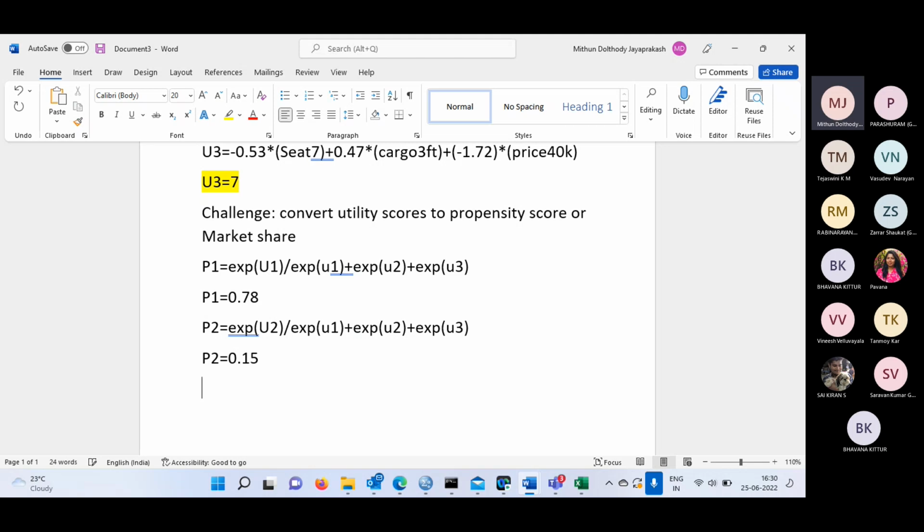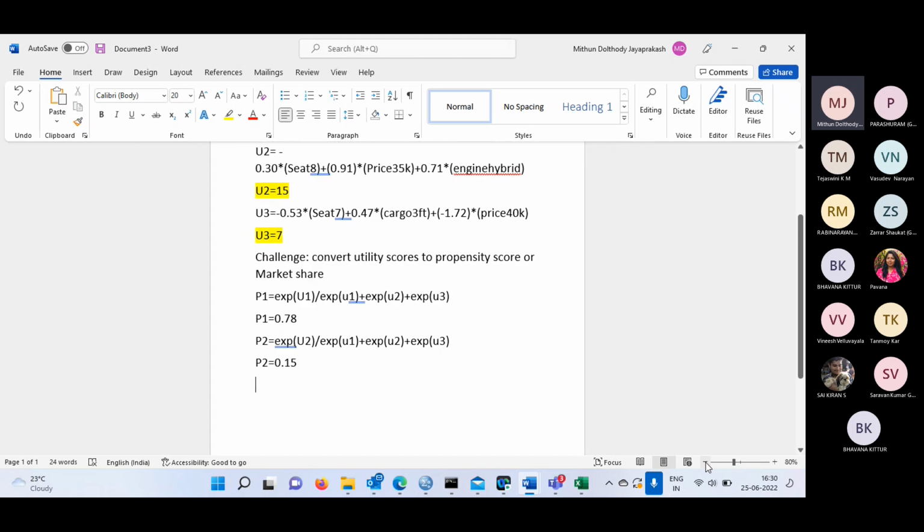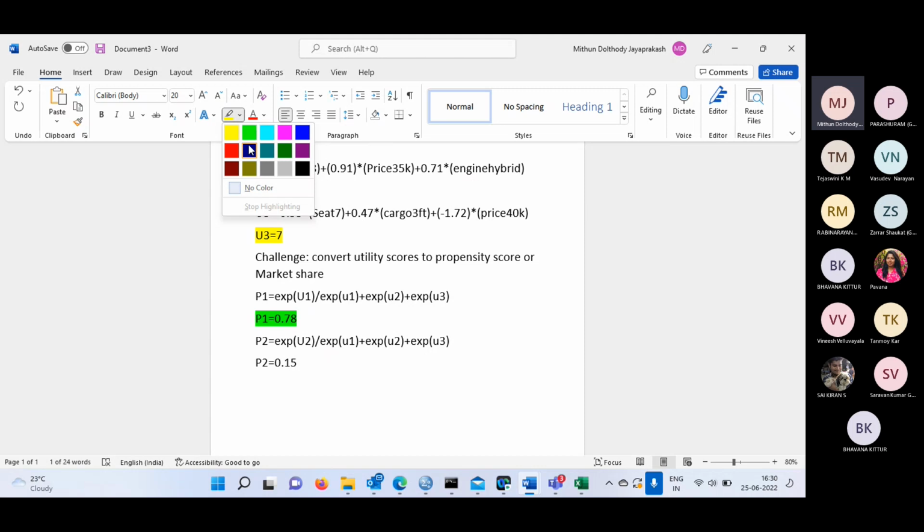Which means a vehicle with the following characteristics, 8-seater, priced at 35,000, engine being hybrid type, will have a market share of 15%. That's how you can interpret this.